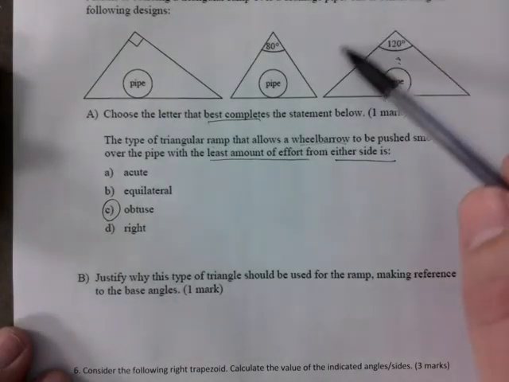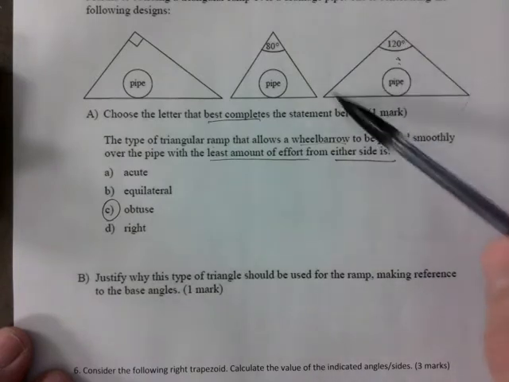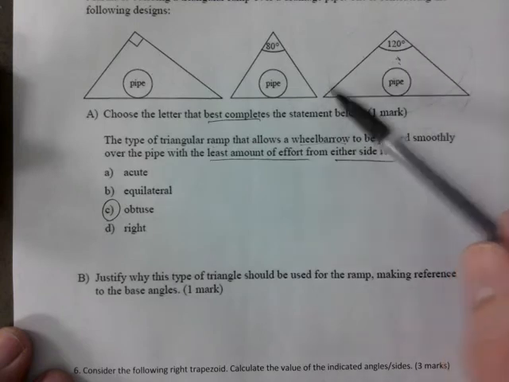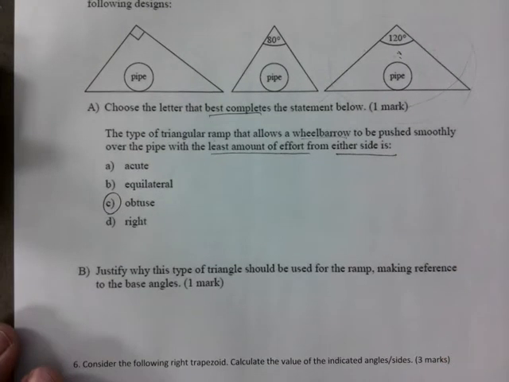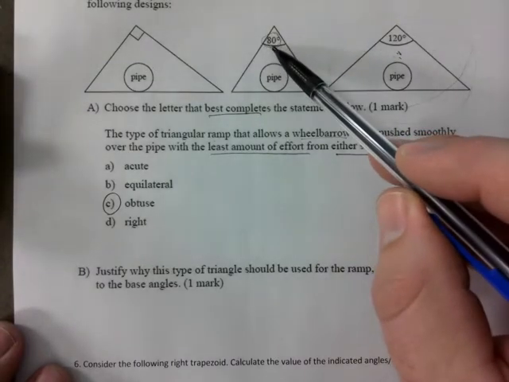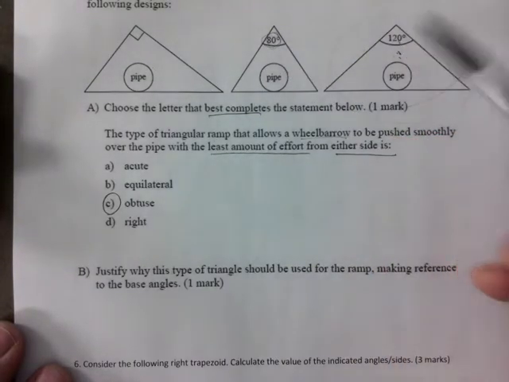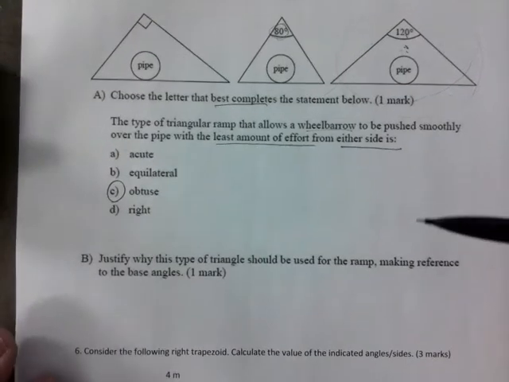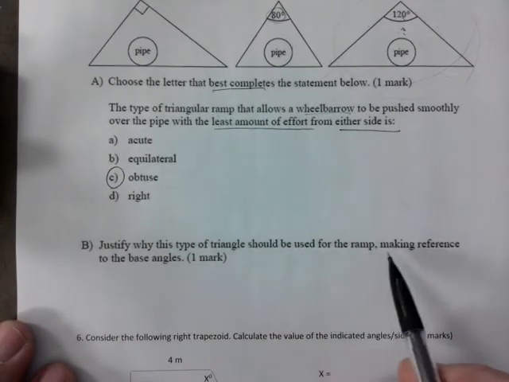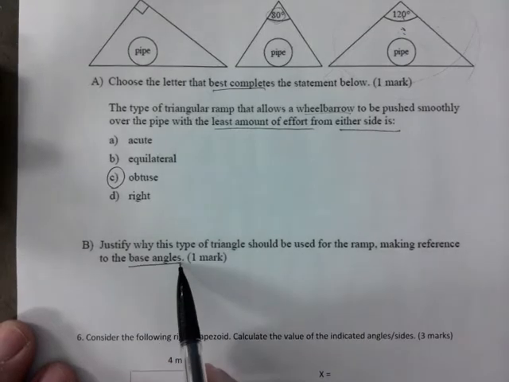This could be an isosceles. This actually is an isosceles, if you want it to be the same on either side. This could also be an isosceles, but it's an acute, so it's still steeper than this one. So keep that in mind. Okay, justify why this type of triangle should be used for the ramp, making reference to the base angles.